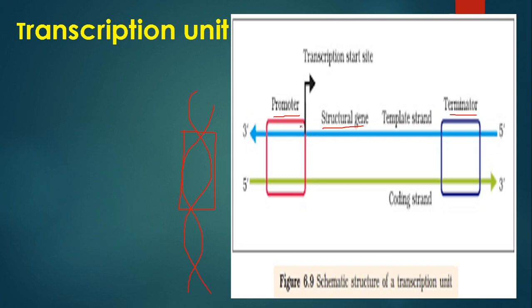Say the promoter is present here, which means the polymerase will bind here, so obviously transcription will take place in the direction of the arrow shown here.